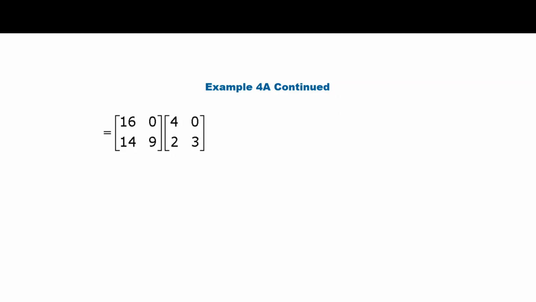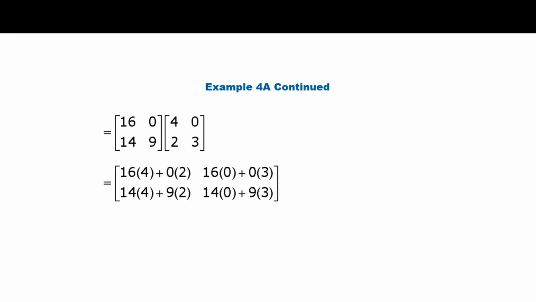And then you continue doing it and continue multiplying the columns and the rows and the rows and the columns, adding them up, and finally, eventually you get to 64, 0, 74, 27. I'm going to show you another way to do that on your calculator, so you won't always have to do all that work, but you will need to be able to do at least one problem by hand.